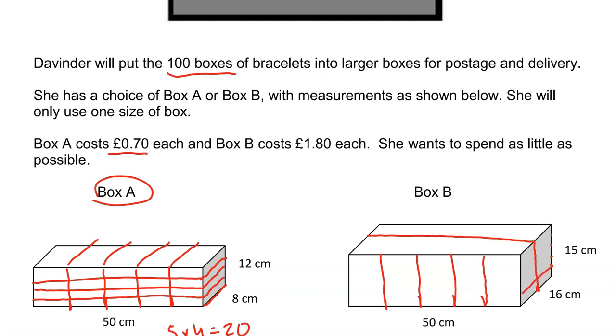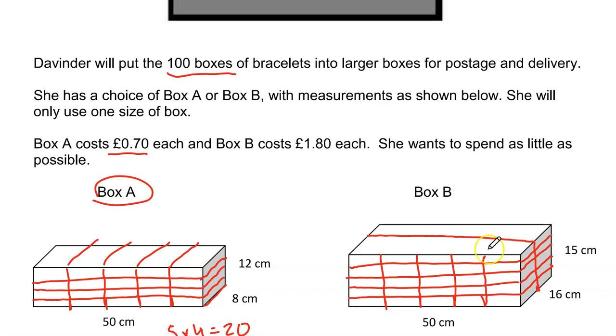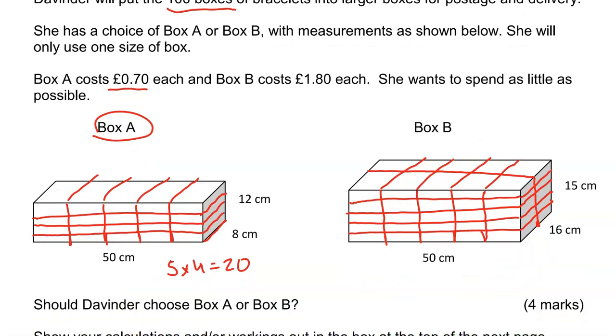So we have 5 rows. So I'm gonna continue to draw the lines to help us visualize this. So as you can see, there will be 10 in each row, and there are 5 rows, so that is 50 in total. 10 times 5 equals 50.